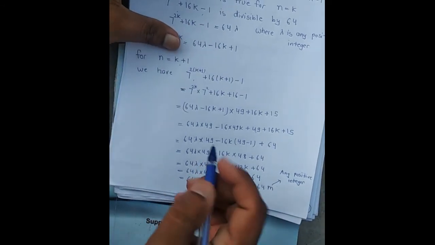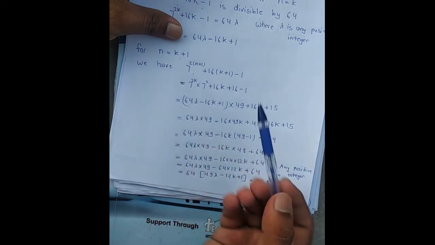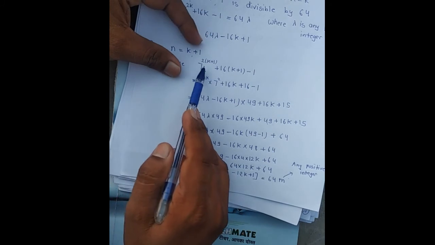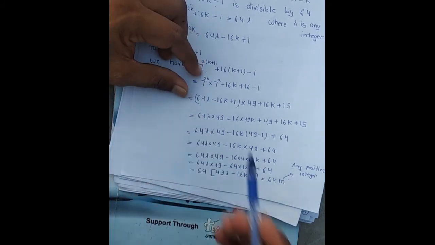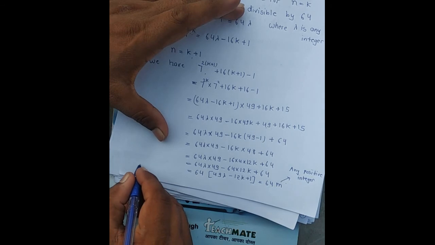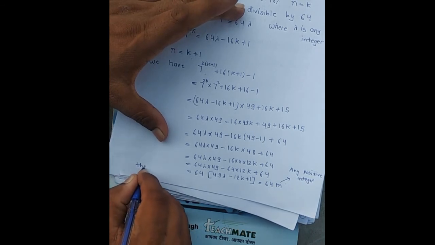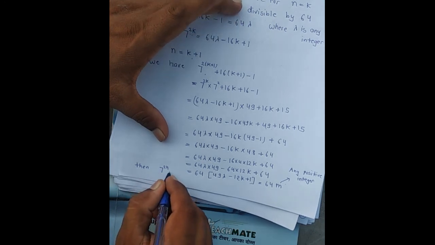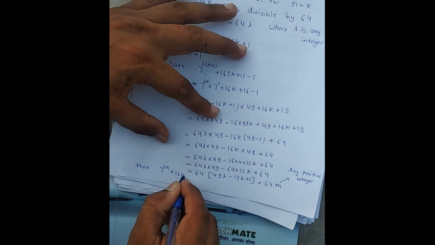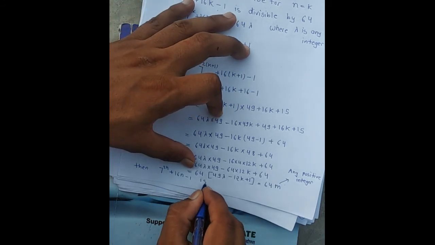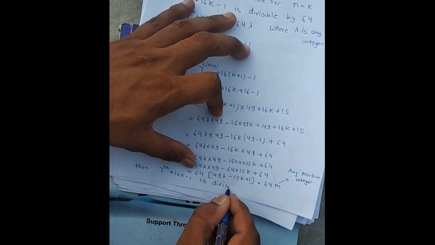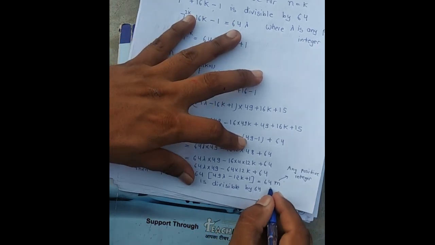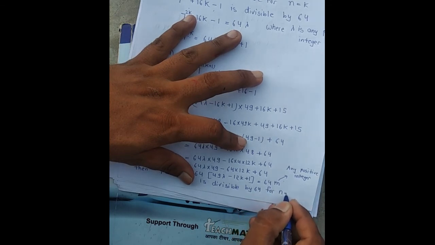Then we see that this term is also divisible by 64 because it can be written as a multiple of 64. 7 to the power 2n plus 16n minus 1 is divisible by 64 for n equal k plus 1.